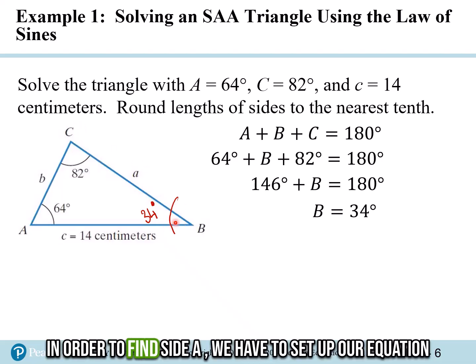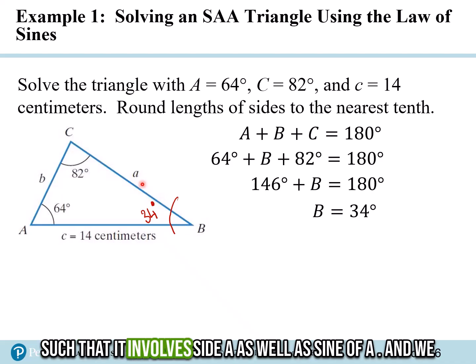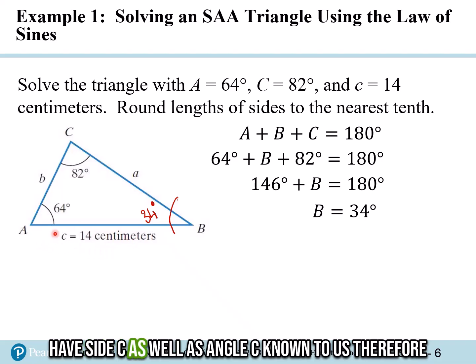In order to find side a, we have to set up our equation such that it involves side a as well as sine of A. And we have side c as well as angle C known to us.